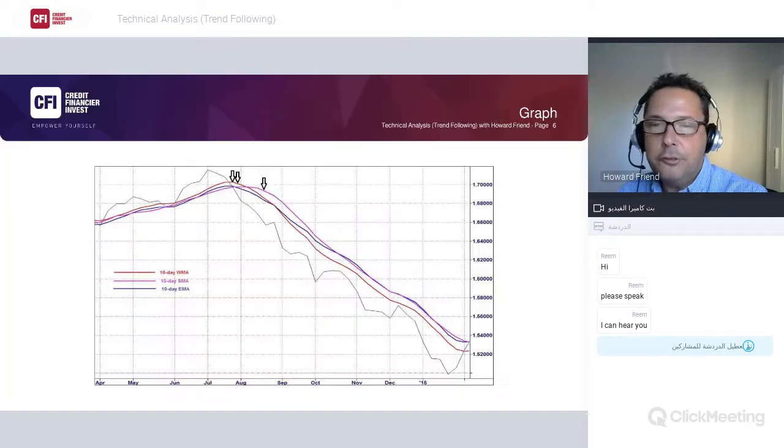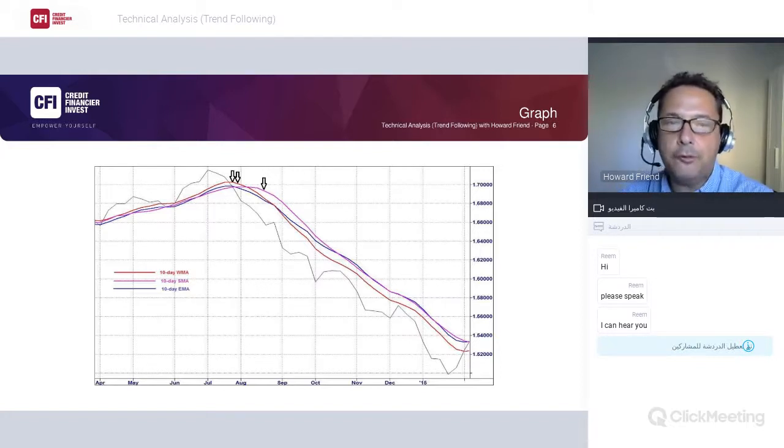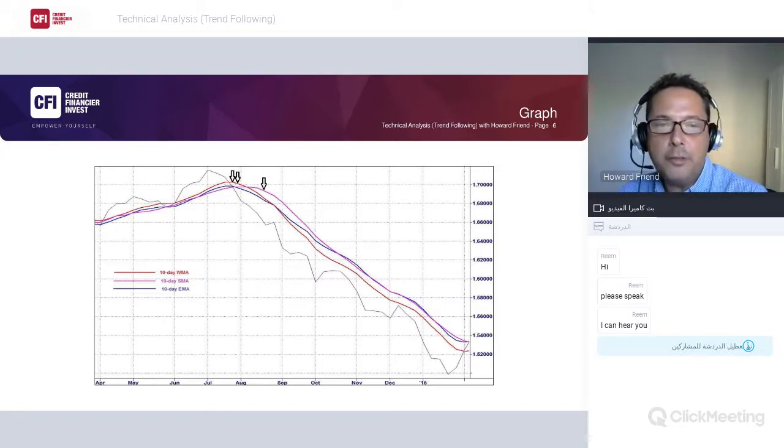Okay, so just to show how the simple, exponential and weighted moving averages interplay with each other. This is a chart of the price, the single line here, and the red is the weighted, the pink is the simple moving average, and the blue is the exponential moving average.